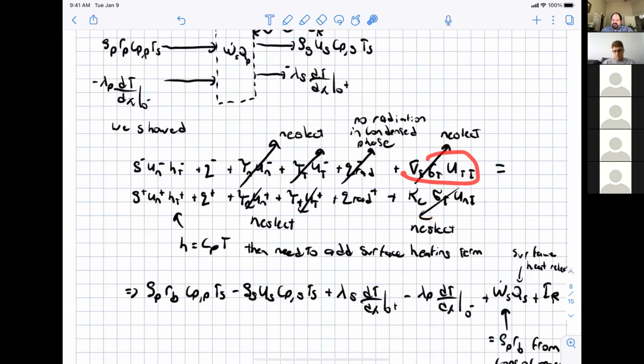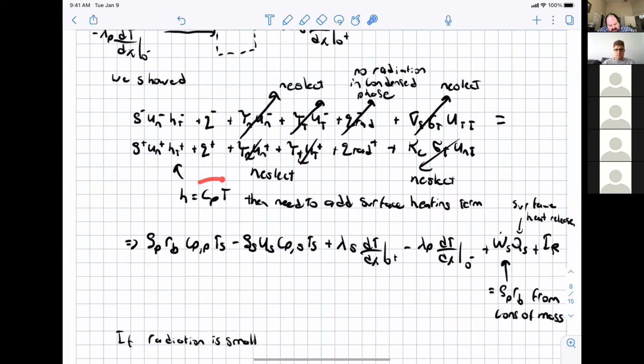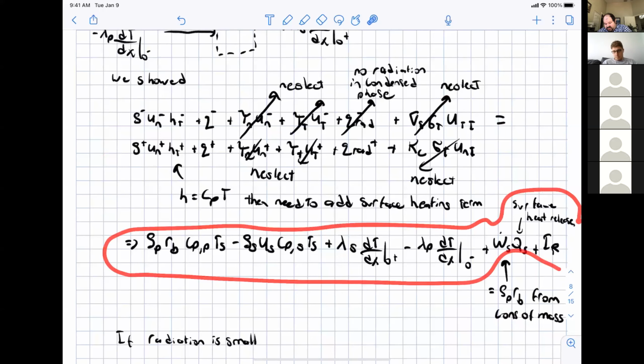So here, this would be work due to the Marangoni stress, and this here is work due to normal surface tension effects. Okay, so if we were to start with the enthalpy and then convert the enthalpy into sensible enthalpy and a chemical energy term here, and you work with this equation, what you wind up with is this expression right here for the surface energy balance.